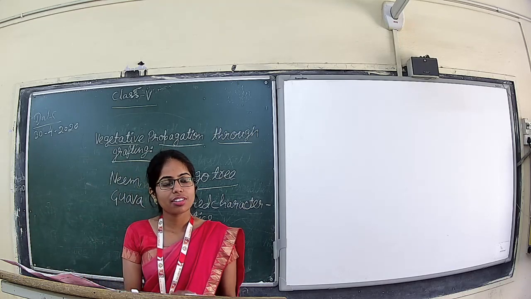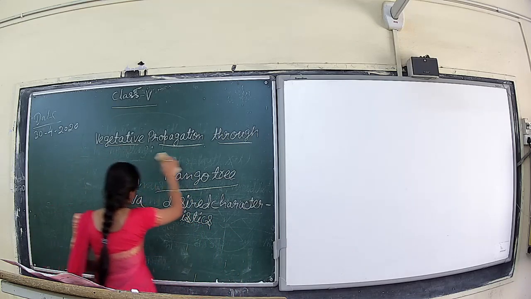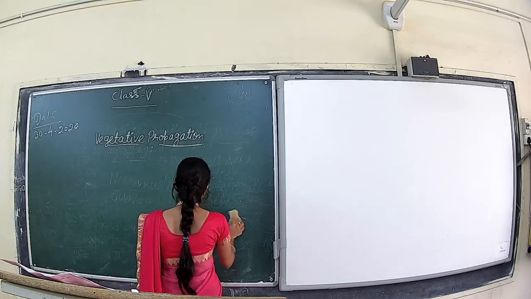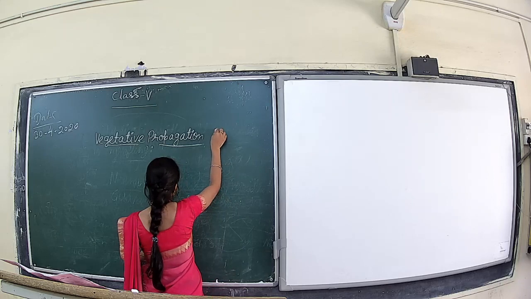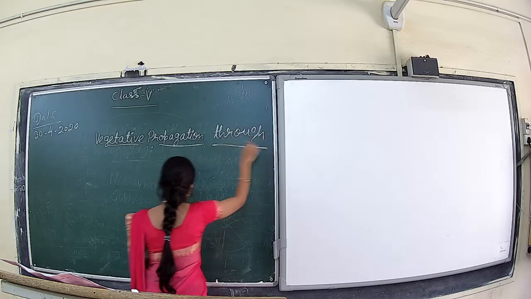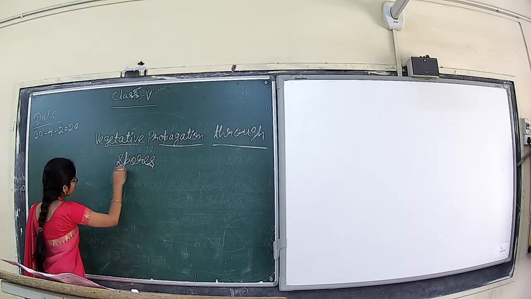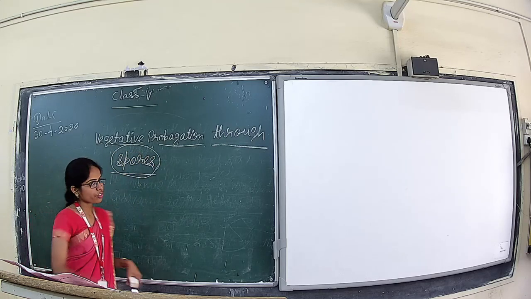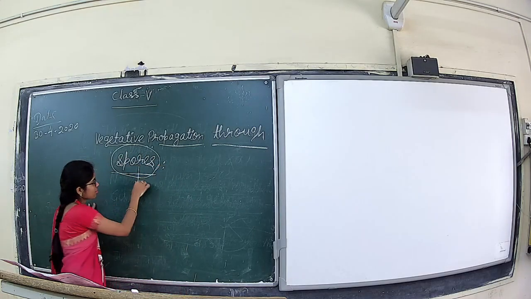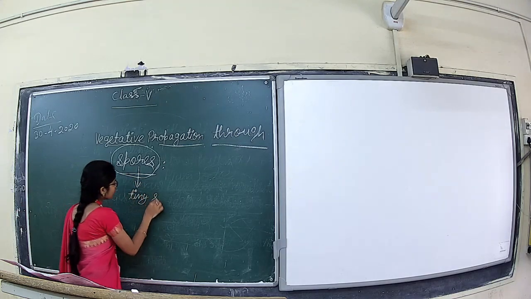Now, the last one we will study is vegetative propagation through spores. Before understanding it, let's understand the meaning of the term spores. What are spores? They are tiny seed-like structures.